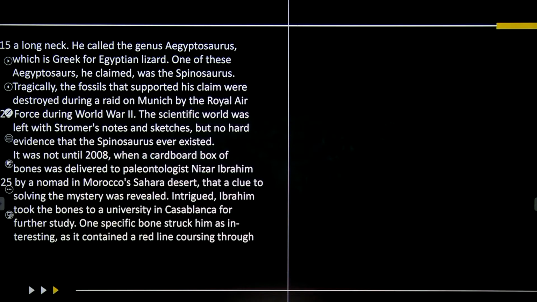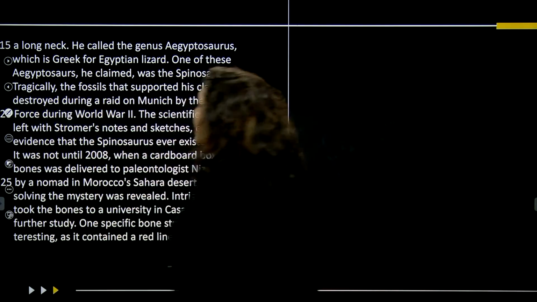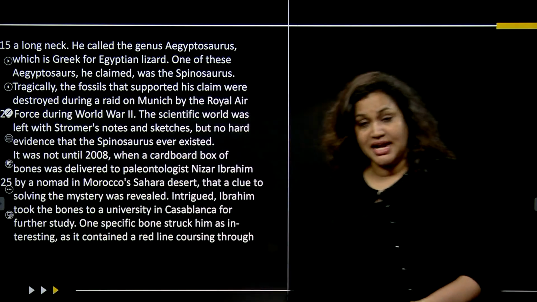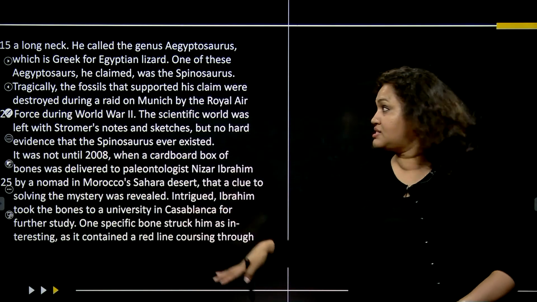He called the genus Agripotosaurus, which is Greek for Egyptian lizard. One of these Agripotosaurus, he claimed, was a Spinosaurus. Tragically, the fossil that supported his claim were destroyed during a raid on Munich by the Royal Air Force during World War II.